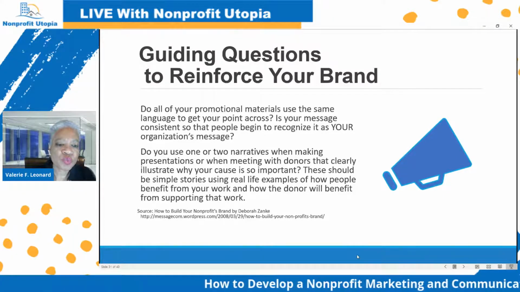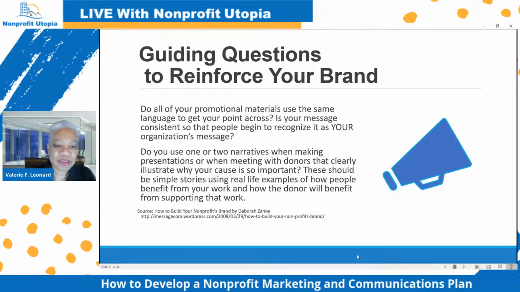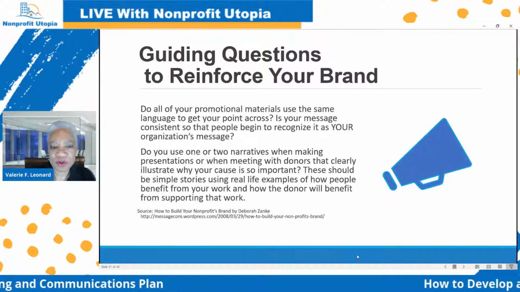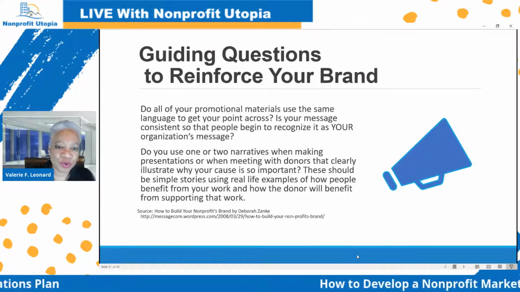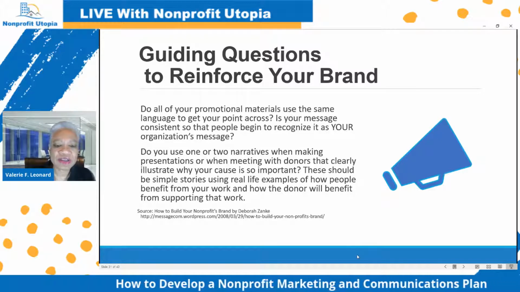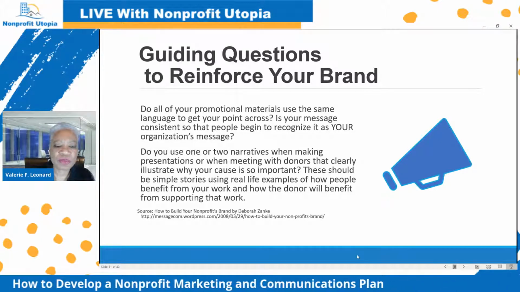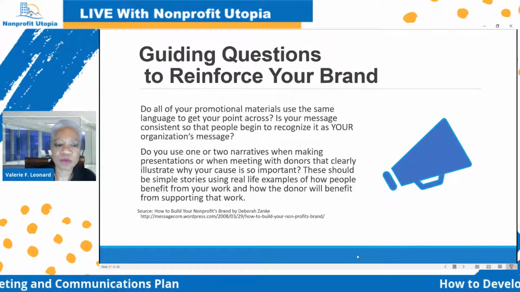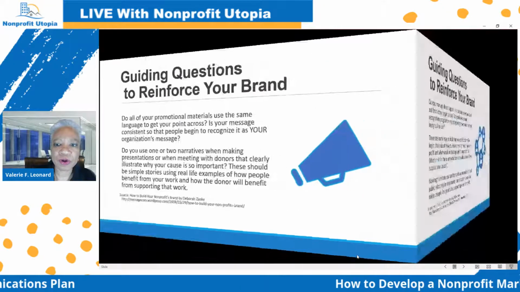Do you use one or two narratives when making presentations or meeting with donors that clearly illustrate why your cause is important? So this gets to your brand story. These should be simple stories using real life examples of how people benefit from your work and how the donor will benefit from supporting that work.